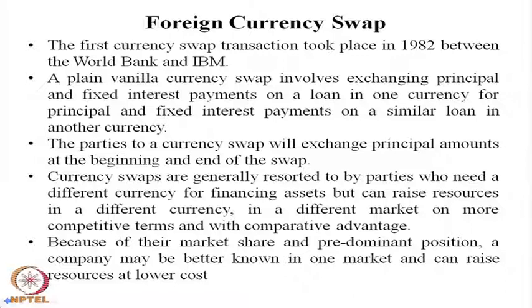So in this process they exchange the currency. Since they are in a dominant position in their own country, they can raise resources in the form of their domestic currency at a cheap rate, but they are not in a position to raise resources from another country at a cheap rate. So, they exchange the currency among themselves.